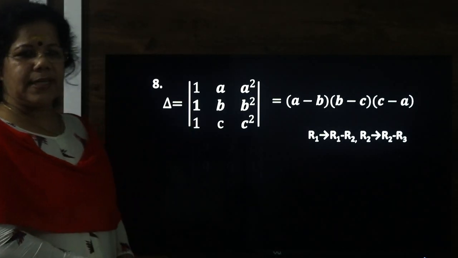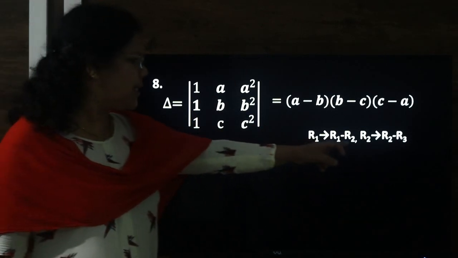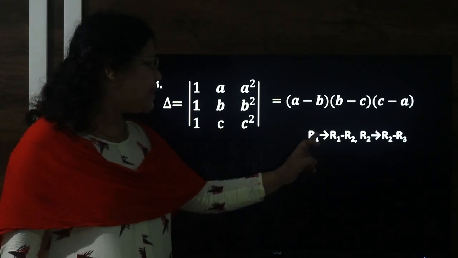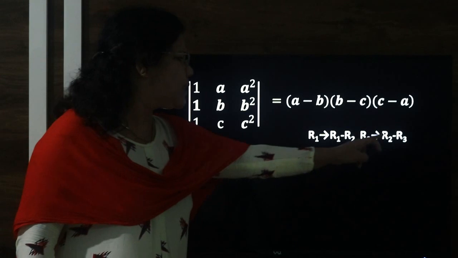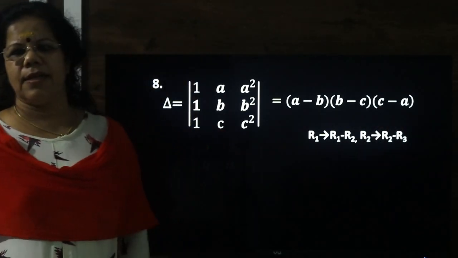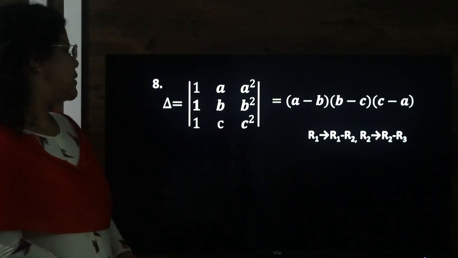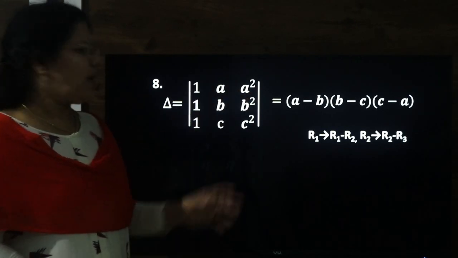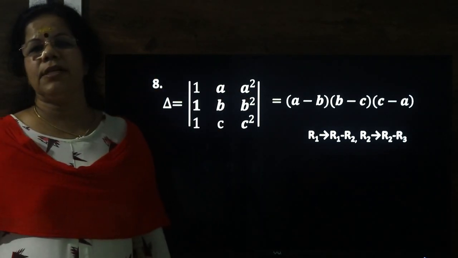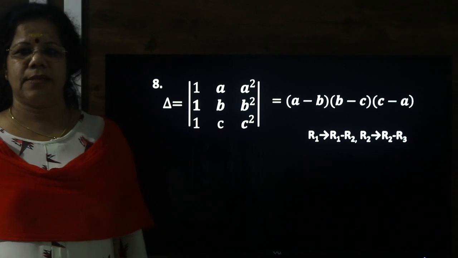Right? It won't affect our answer. Two operations at a time we perform. R1 changes to R1 minus R2, R2 changes to R2 minus R3. And taking a minus b and b minus c outside, you will be getting a minus b into b minus c outside.